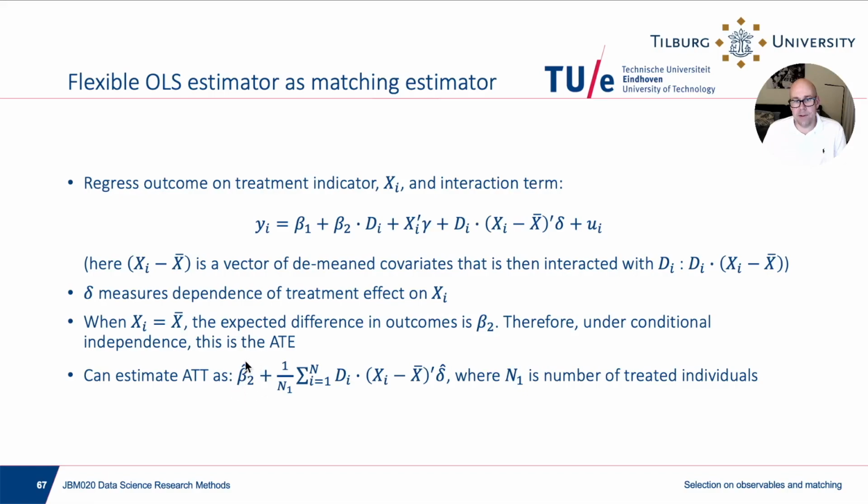So again, you take your estimate of the beta 2 and your estimate of the delta, and you add to the estimate of beta 2 the average, and here it's the average among the treated units of this quantity here. Okay, so for the treated units, this D is simply picking the treated units. Here I'm summing up overall, so this is actually the average of the treated units of xi minus x bar, and then I multiply this by delta hat.